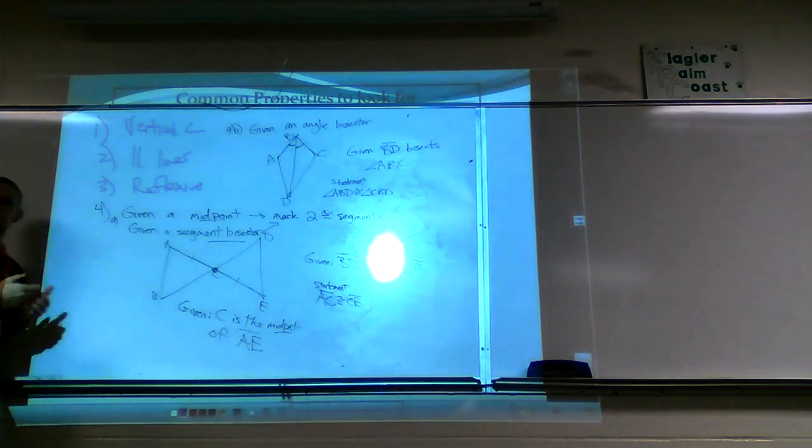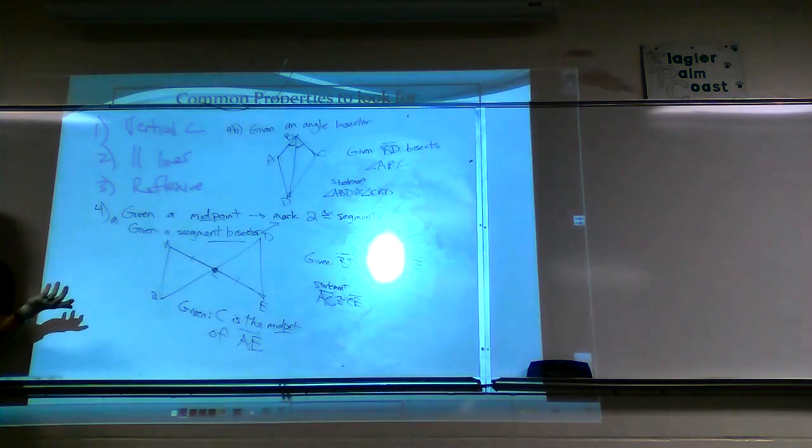And your reason would be, what do you think the reason would be for that? What do you think? Let me guess, come on. What was it? Yeah, it would be definition of a bisect.